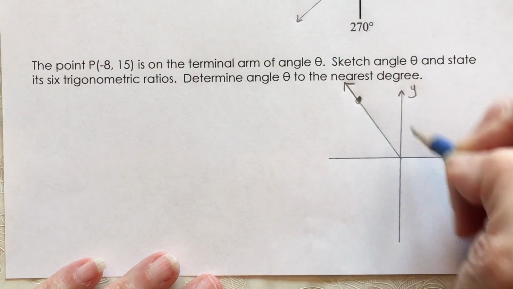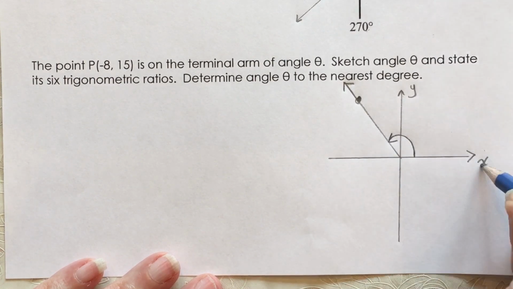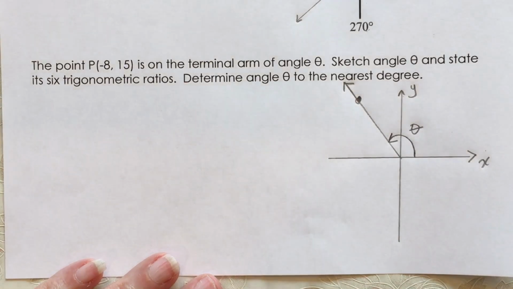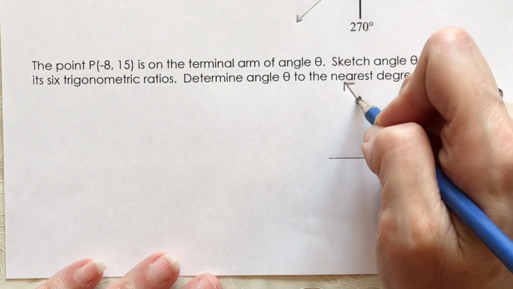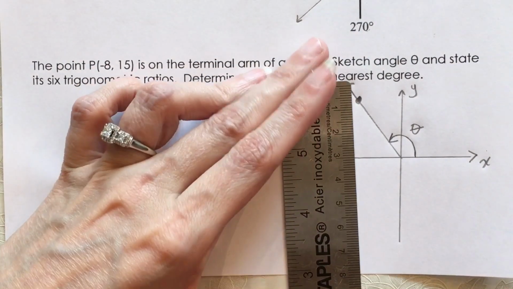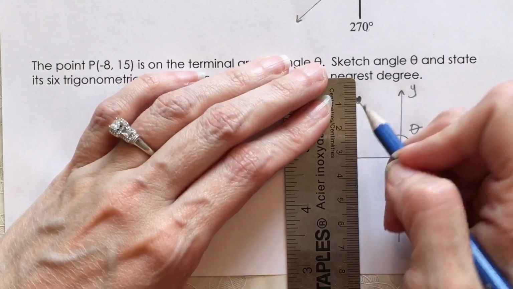So that means that this is the angle we're talking about here, the angle from the positive x-axis to the terminal arm, and we're going to call that angle theta. But when we make our triangle, we're again going to go from our point right down to the x-axis to make a right triangle.